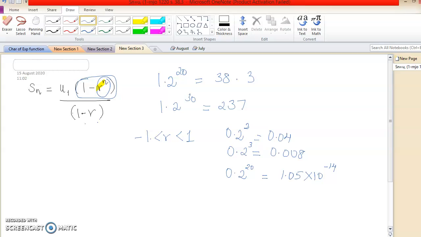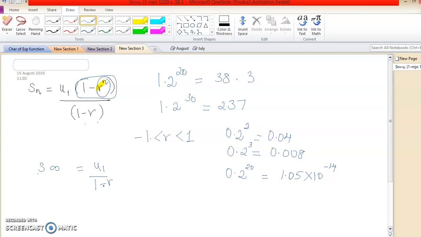And therefore, when we relook at our formula, we can say that when a series is a converging series, I can find the sum of this series to infinity with the help of the formula S infinity is equal to u1 over 1 minus r.